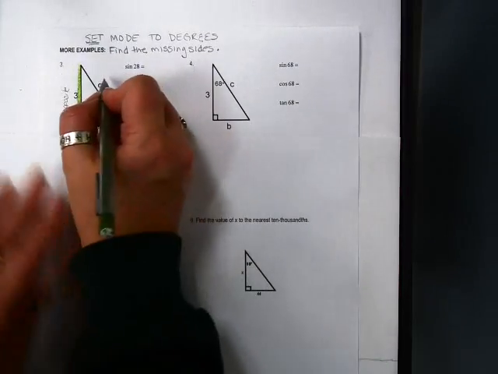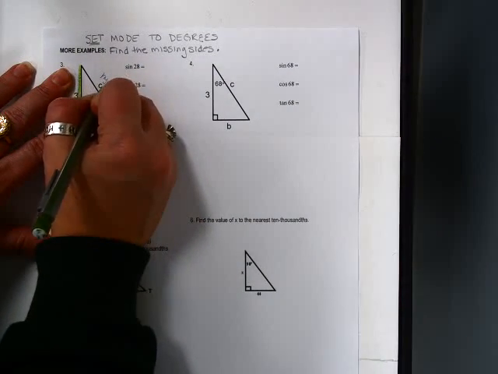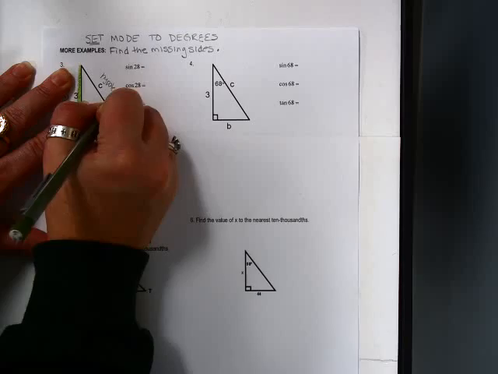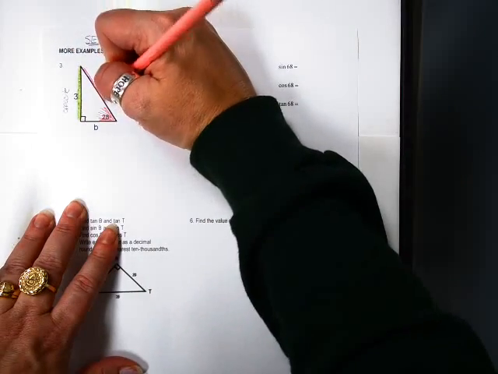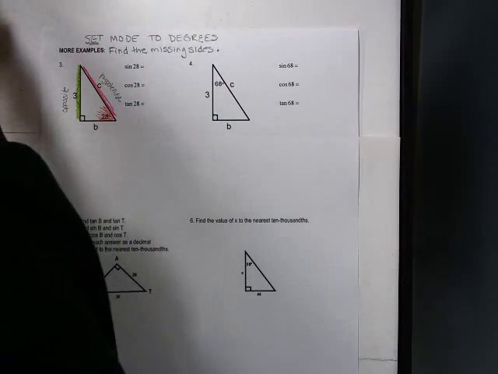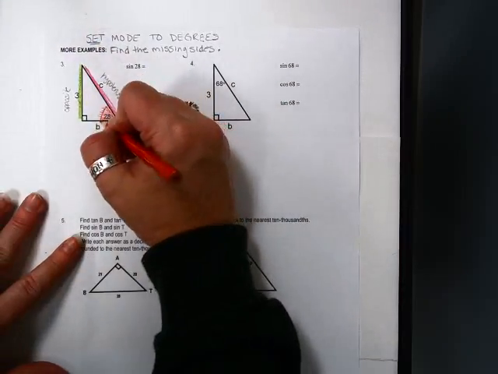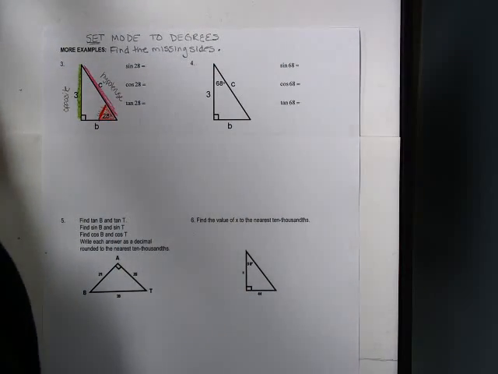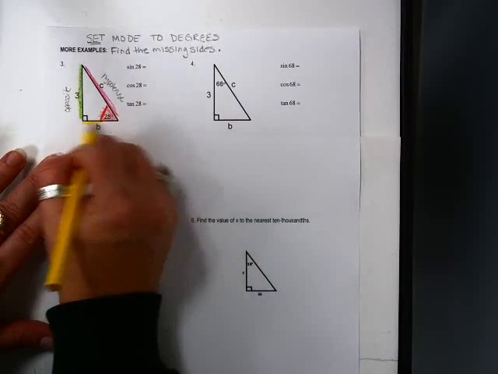Across from the right angle is the hypotenuse, and that I had in pink. The angle was red. And then the adjacent was yellow.